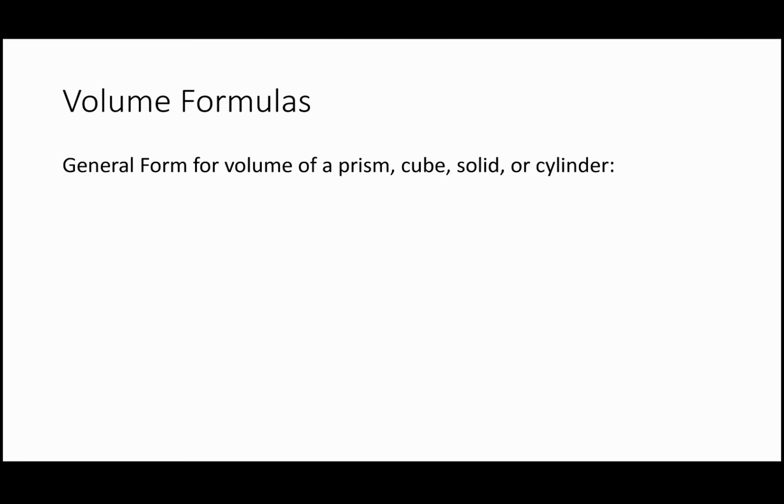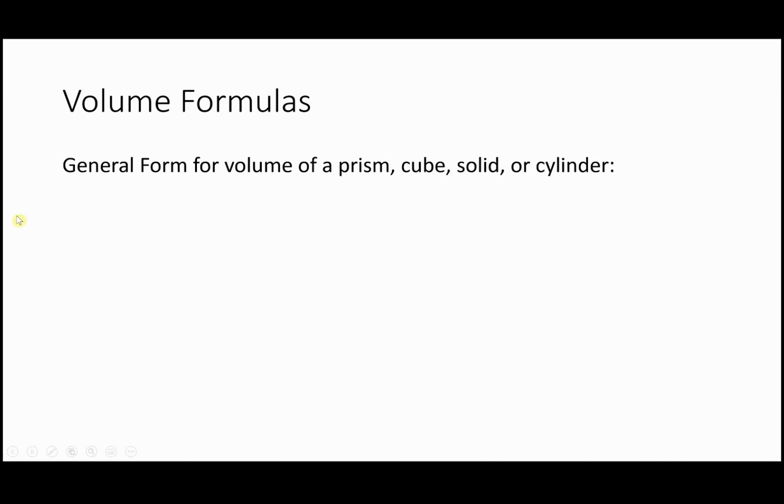So there is a general form for the volume of a prism, a cube, a rectangular solid, or a cylinder. These are all basically different types of prisms. You could get a little bit more specific if you're talking about a cube, a solid, or a cylinder. Cylinders are circular based, but they have 2 bases like a prism is originally defined.